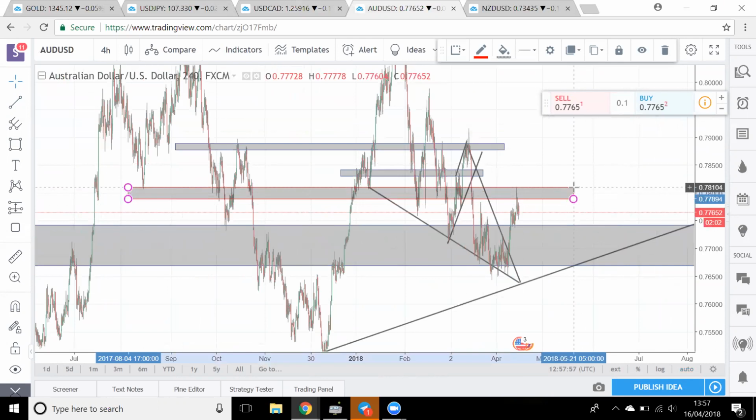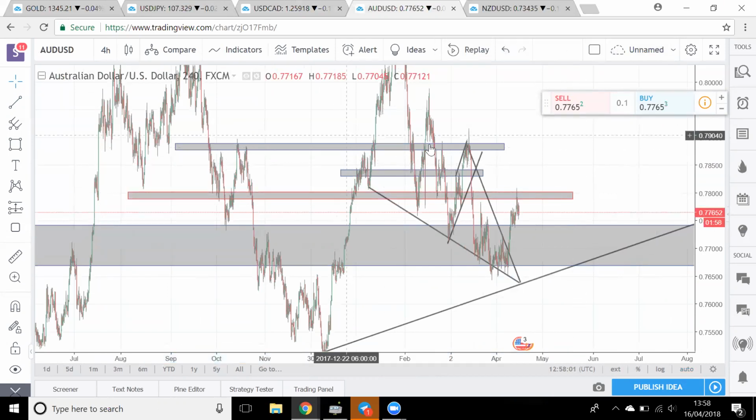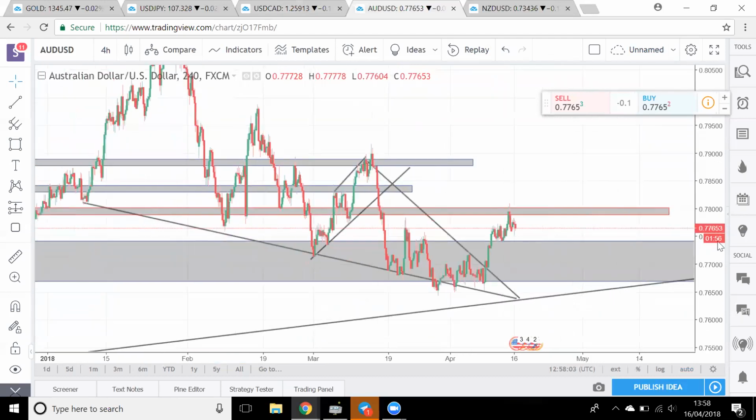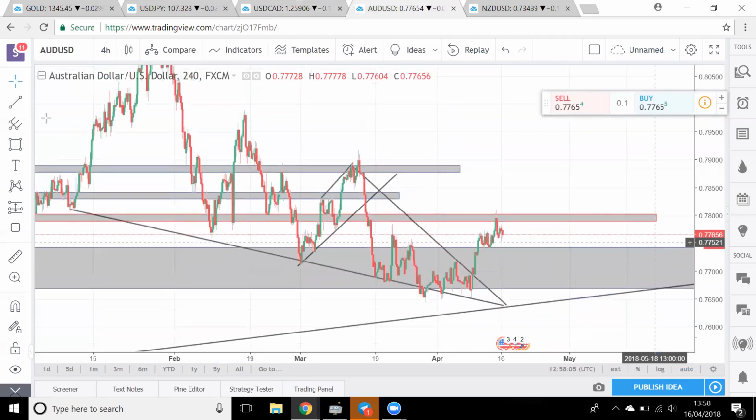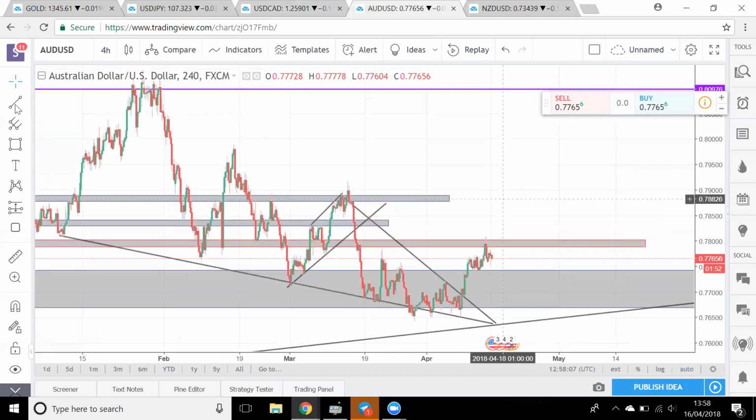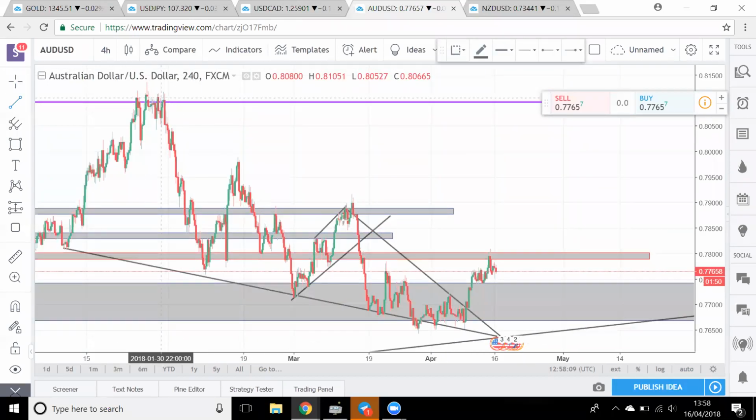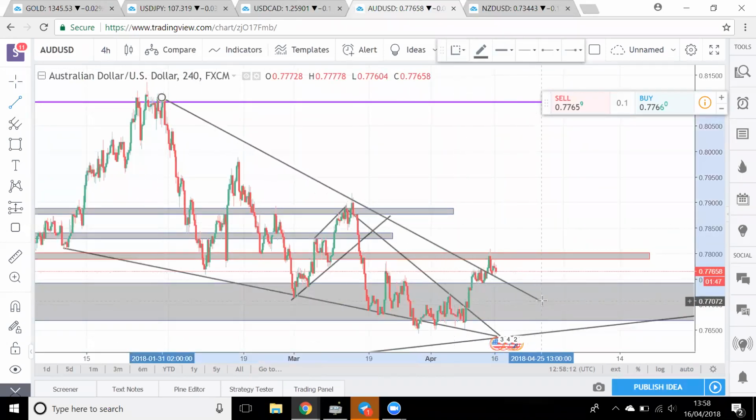So we have a zone here, a level, which is obviously a very important level because we bounced off it. We don't just bounce off levels for no reason. We also have a squeeze down.